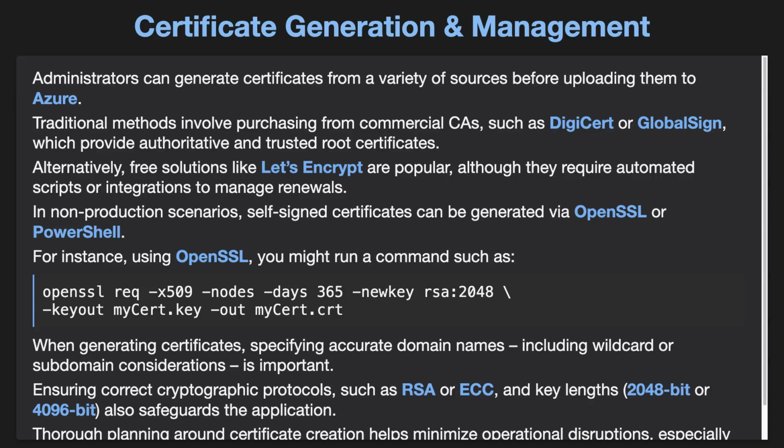Ensuring correct cryptographic protocols, RSA, ECC, and key lengths, 2048-bit or 4096-bit, also safeguards the application. Thorough planning around certificate creation helps minimize operational disruptions, especially when migrating certificates between environments or renewing them periodically.